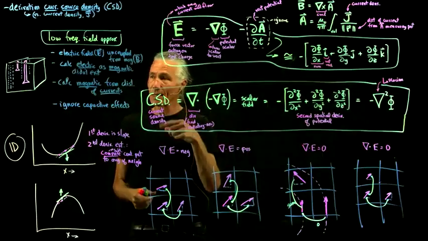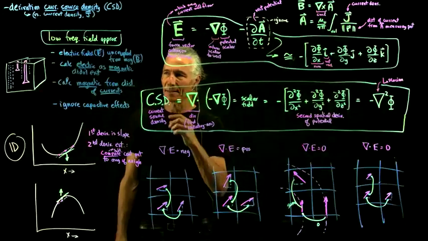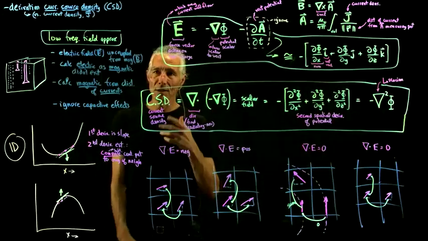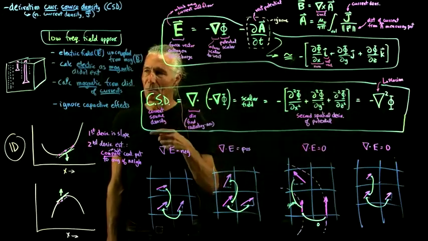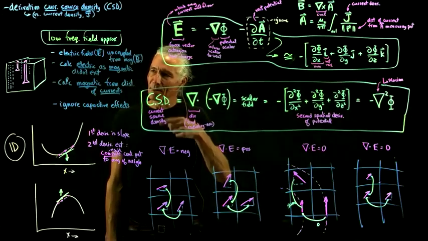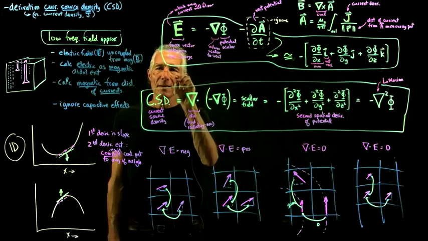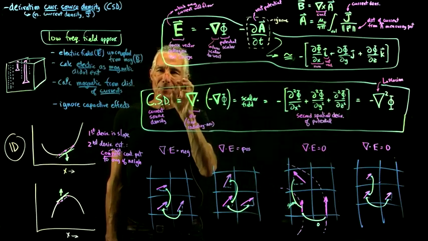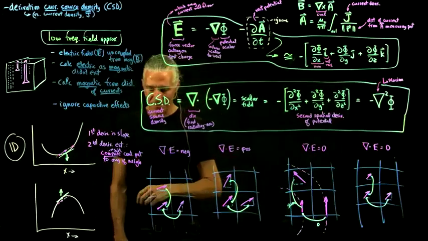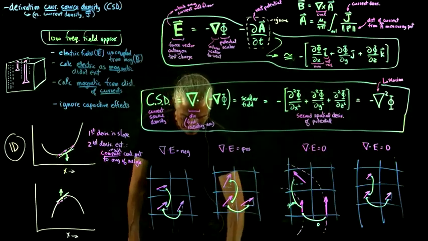If it's just circulating in a circle, then there's nothing coming in or going out of that point, and that's a 0 current source density. So 0 current source density doesn't mean that there's no current there. There could be current. If it's just going around in a circle, it won't be erupting out or disappearing, and that's what we're interested in.